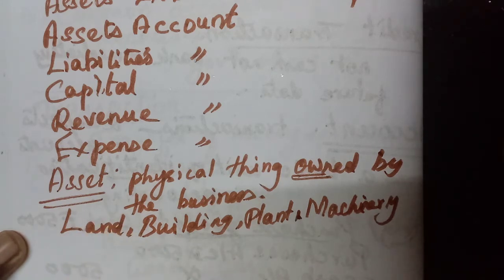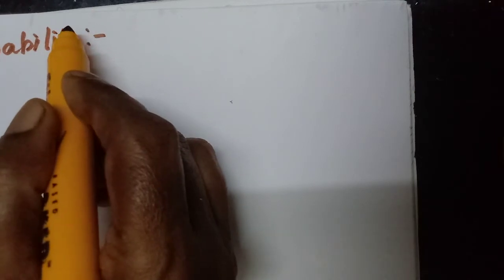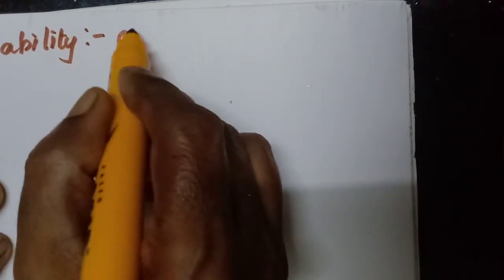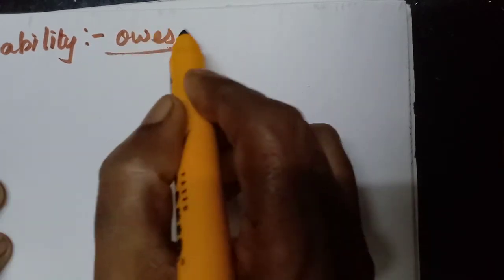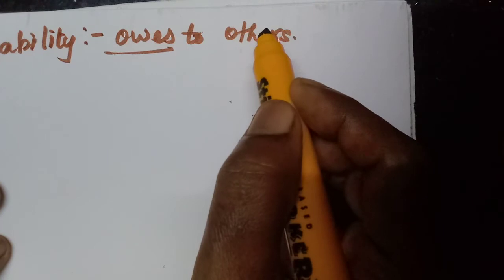Then what is a liability? When the business owes to others, that is called a liability.